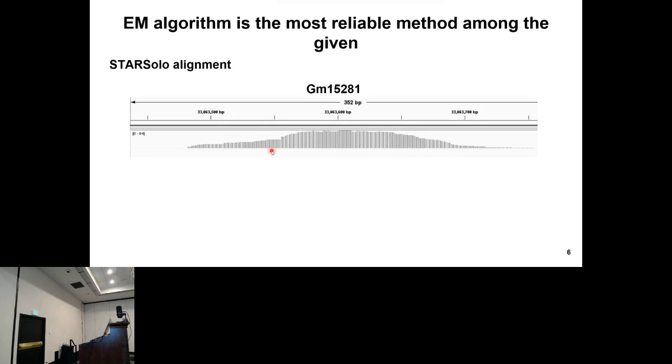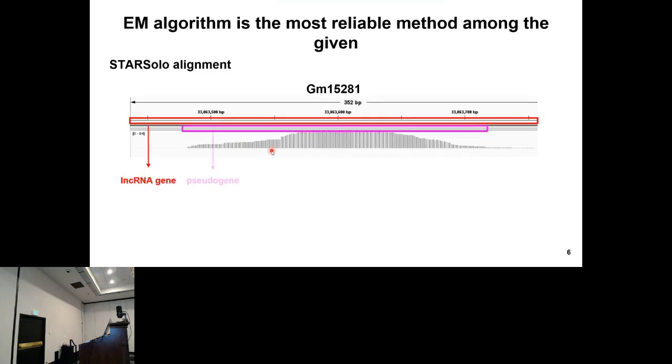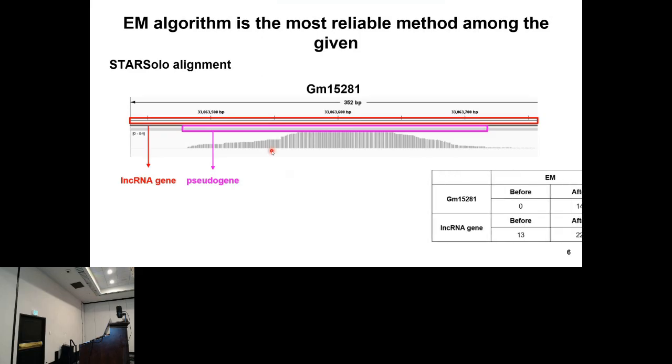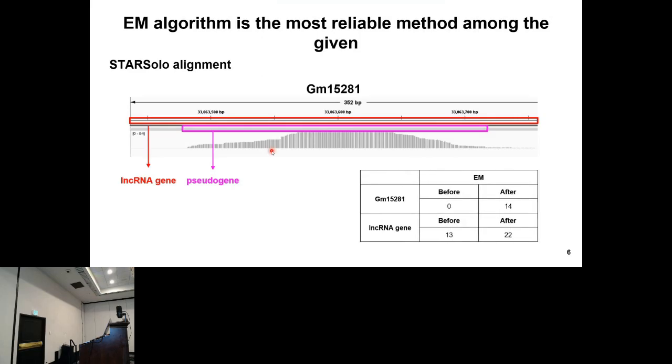This means that all uniquely mapped reads and all multi-mapped reads are still present on this graph. But for this particular pseudogene, the situation is even more interesting. In fact, it is fully contained in a long non-coding RNA gene. Thus, there is no theoretical possibility for this pseudogene to have any uniquely mapped reads. However, it's worth mentioning that when we look at this graph, all the uniquely mapped reads to the long non-coding RNA gene, they are located somewhere around here.